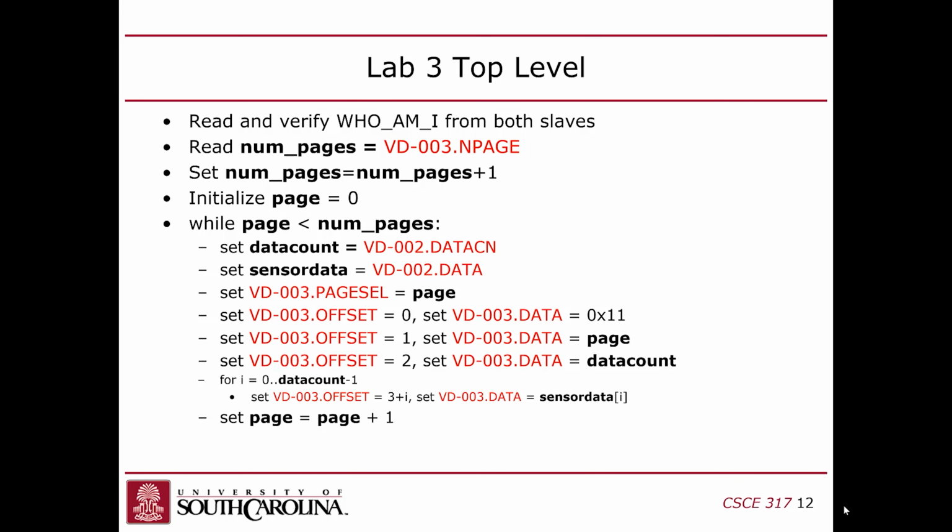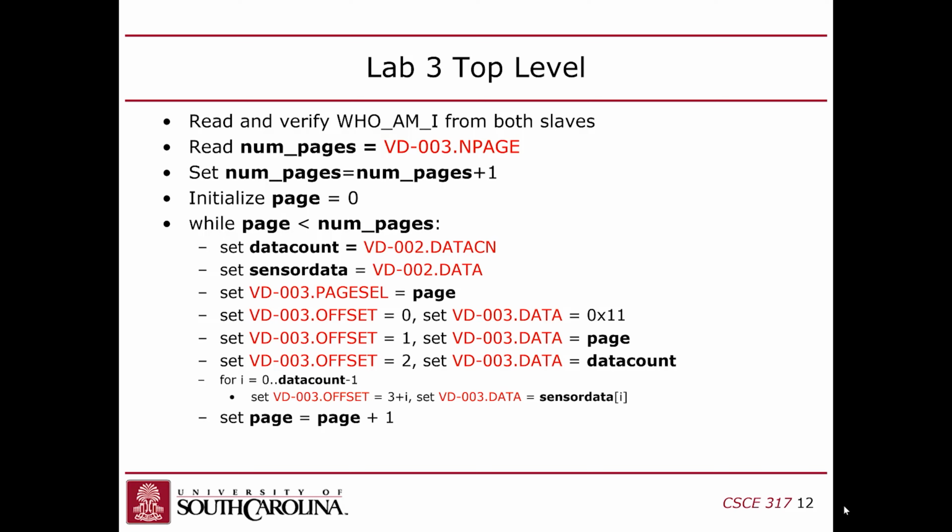And then you will set the offset to 0, followed by setting the data to 11, because that's the magic number. You'll set the offset to 1, then set the data to page, the page number. And you set the offset to 2 and set the data to data count. So now we've got the 3 bytes that are needed for the header of each page.